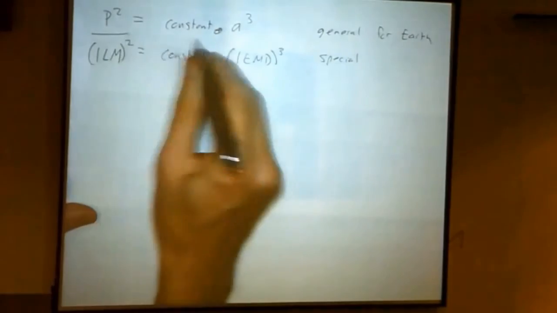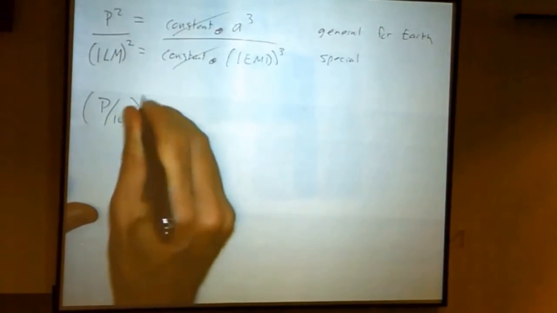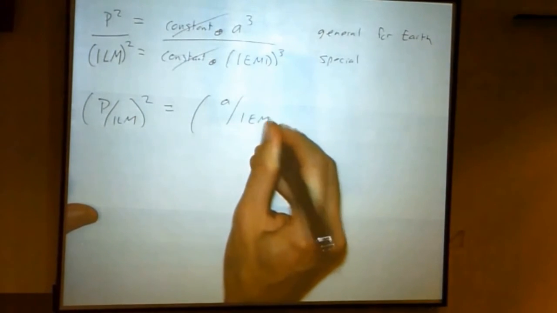Divide the equations, constants cancel, and we have period measured in lunar months squared is equal to the semi-major axis in Earth-Moon distances cubed.